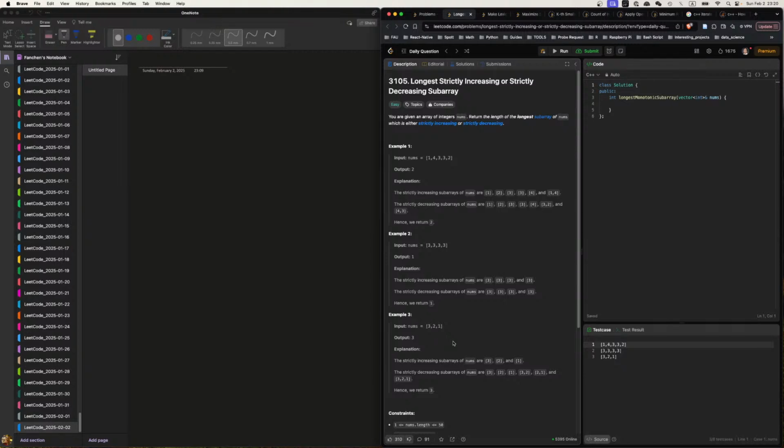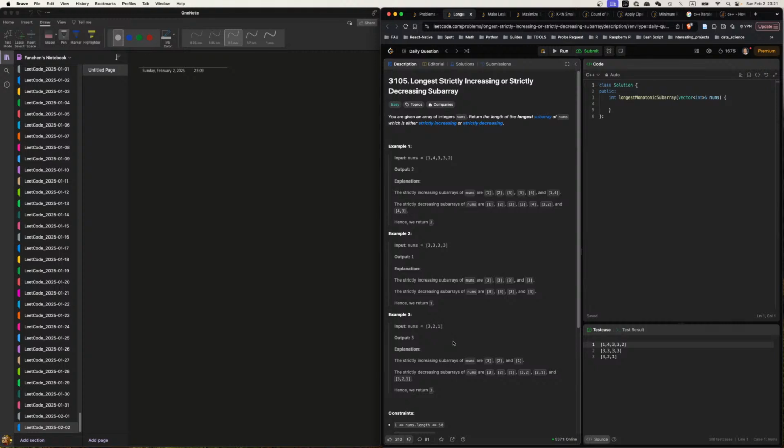So the current was decreasing, then you reset. And when you reset, the size actually needs to be set to 2, because when you start decreasing, that's actually 2. I see.